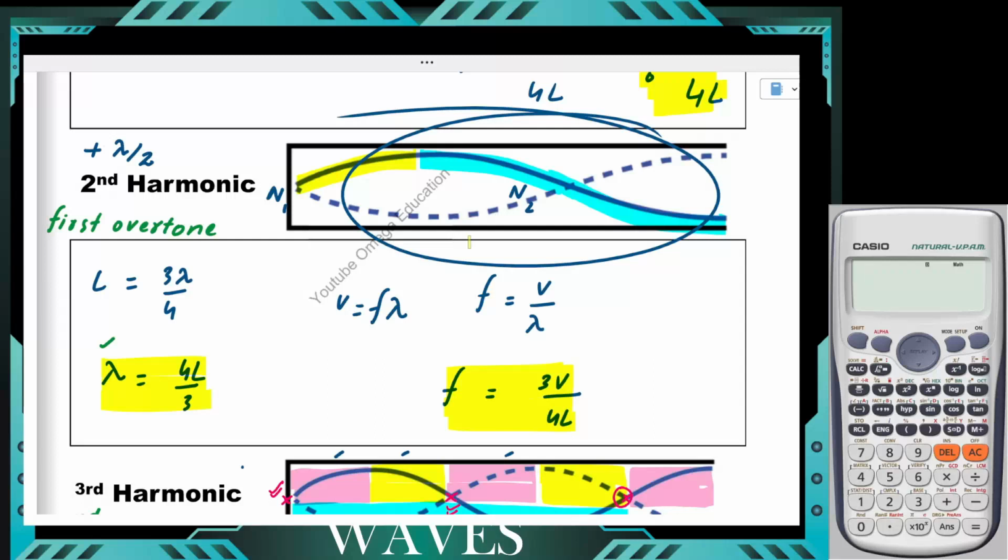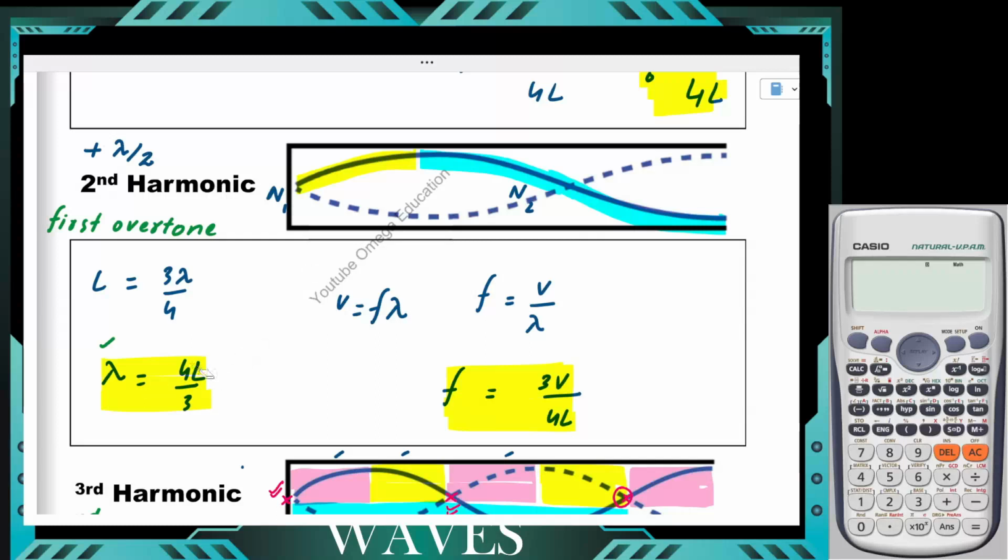If we have the second harmonic in this case, which is sometimes also called the third harmonic directly, but then the third one should be called fifth. But the way we are doing it, we simply call it the second harmonic or the first overtone.